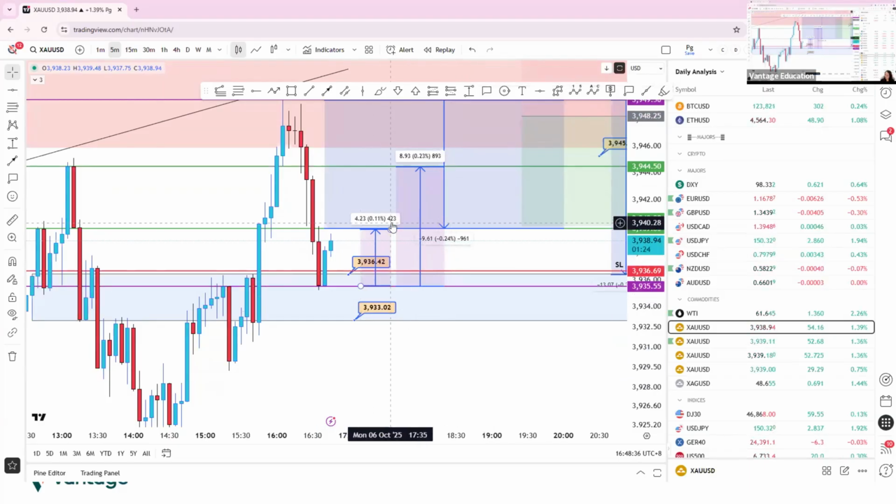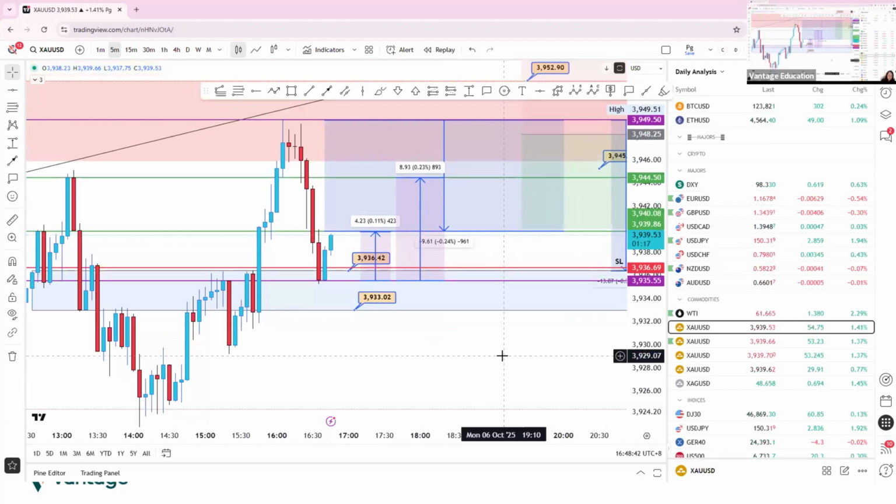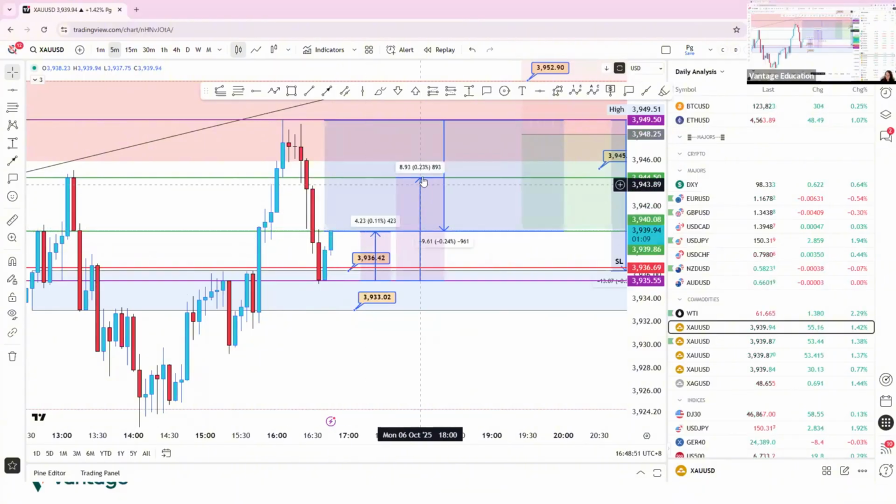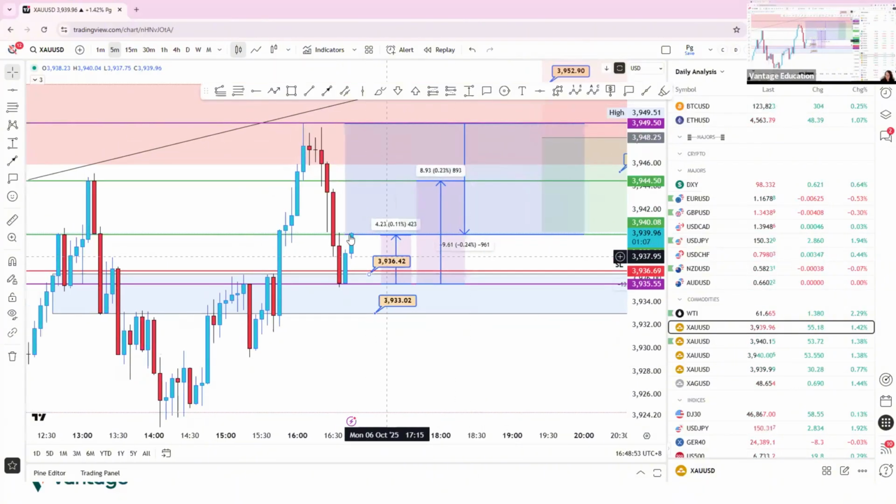At least 42 pip, 89 pip. Actually, by right, that should be enough, right? You sell here to TP and then you buy up at TP1, and this is TP2. Okay, hit TP1.